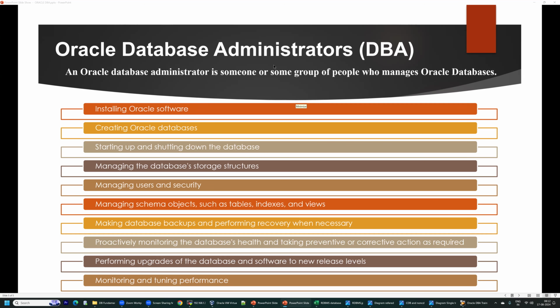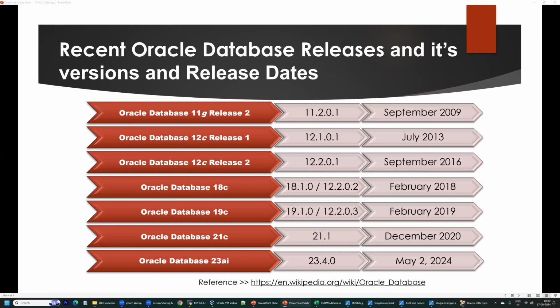I want to know what AI is. You mentioned the version of the database, and in 23 I saw that there is an AI mentioned. So what is AI, basically? AI means artificial intelligence. Now everywhere you are seeing AI as a new skill set available in the market, so Oracle has also implemented some AI based features within the database.